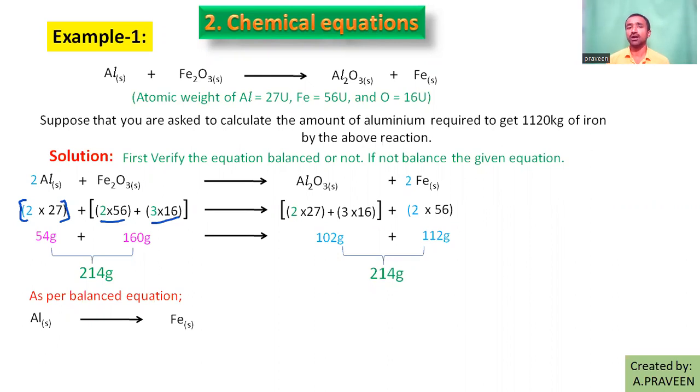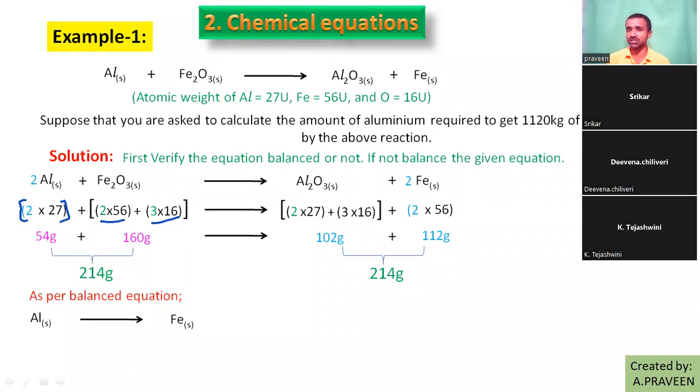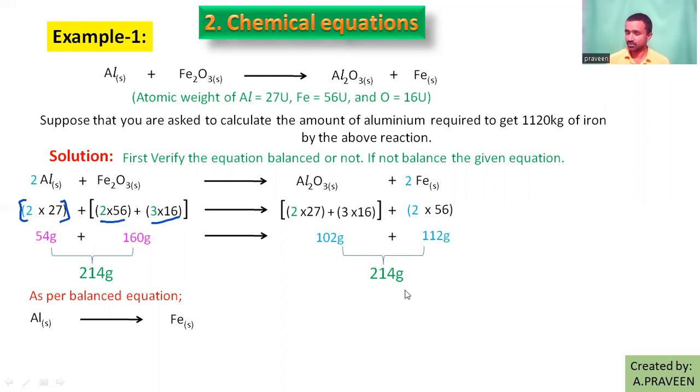Then, according to your balanced equation, what amount of aluminium participated in the reaction? Don't follow your textbooks, just follow the screen. 54 grams. It is 54 grams. You can drop it down. Then next, what amount of iron is produced by 54 grams of aluminium? 112 grams.